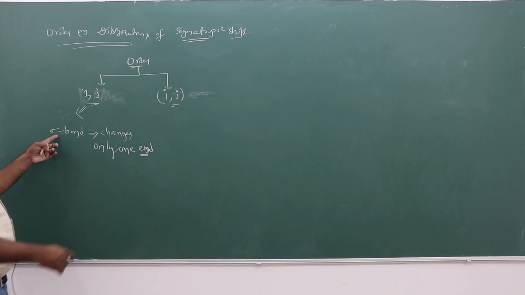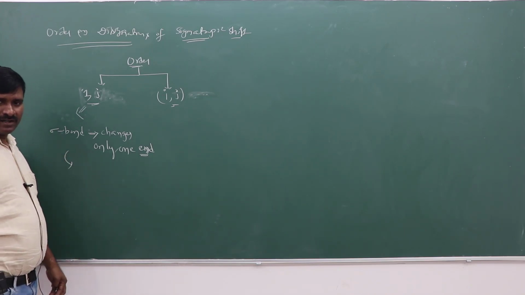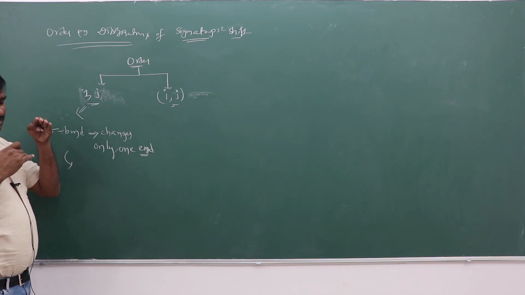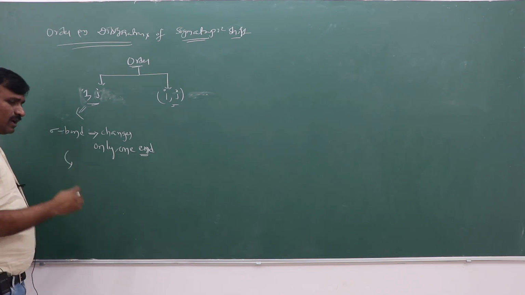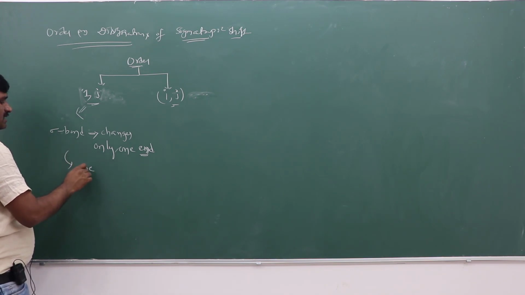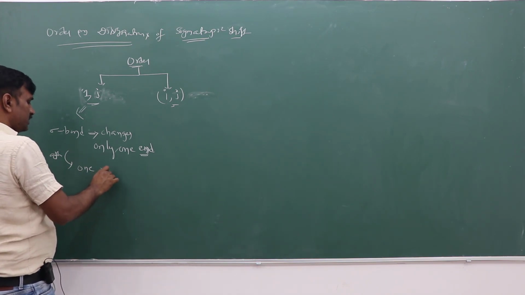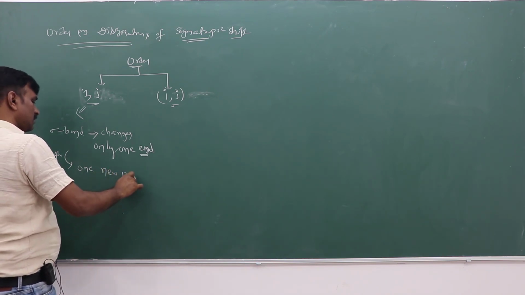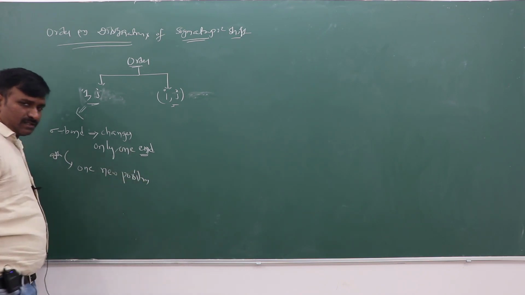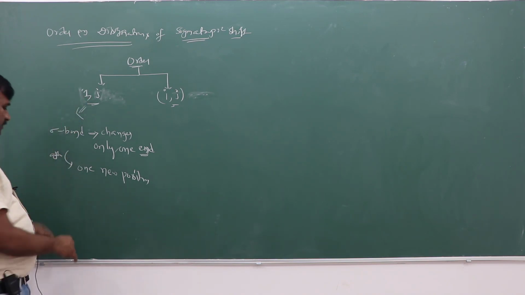That means after migration of the sigma bond, considering both ends, only one position is the new position and the other one is the old position.